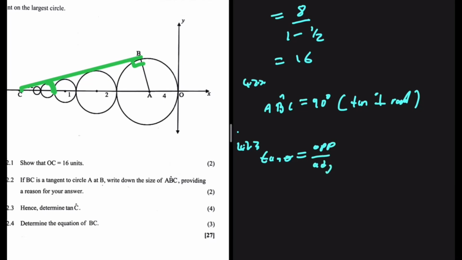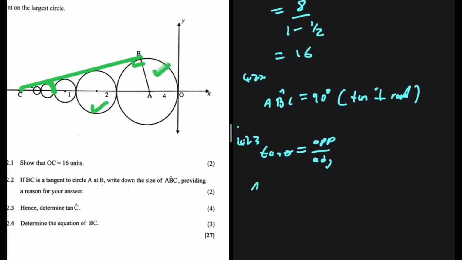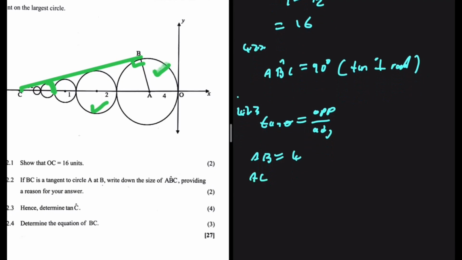So the opposite is AB. What is AB? AB is equal to 4 units, that is our radius. And what about AC? AC is equal to OC minus OA. OC is 16 units, OA is 4 units. So AC is equal to 12 units.